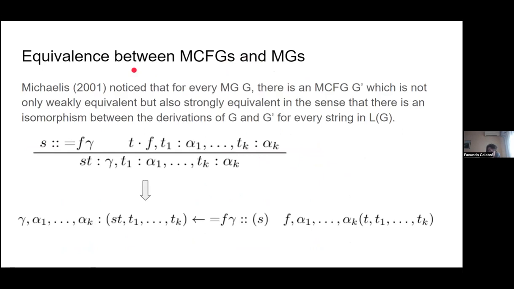And in the case of minimalist grammars, it has been noticed that for every MG there is a weakly and strongly equivalent MCFG grammar. And in order to make the translation between these two kinds of rules, we may see the whole set of features here as the category label.